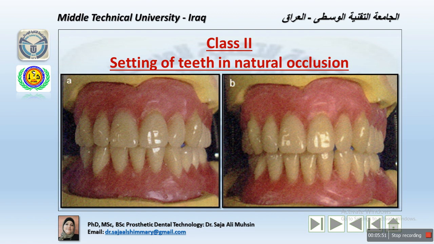Alternatively, it is sometimes better aesthetically to leave off the first premolars and replace them with mandibular canines. In the image on the left side, A, you can notice the canine behind the lateral. So this is the alternative way for aesthetic purposes.